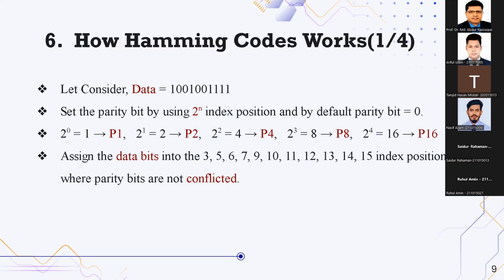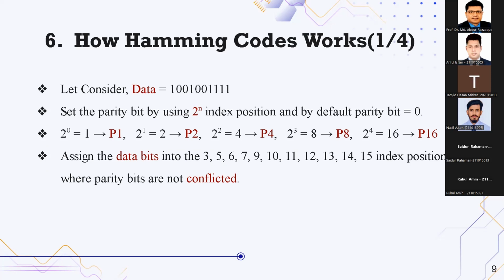Let's talk about how Hamming codes actually work. Let's consider data with a length of 10. We can set the parity bits by using 2 to the power n index positions. When n is equal to 0, the first parity bit lies in the first position.